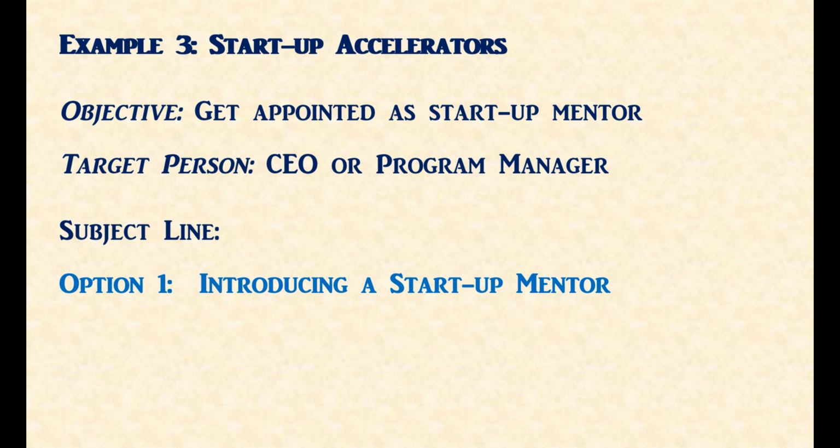So when I started building my cold mail for these startup accelerators, I first used option 1, where I let them know that somebody is introducing a startup mentor. This is definitely to create curiosity, because anybody looking at this mail, especially in the startup accelerator business, looking for good mentors, would say, who is this person being introduced?